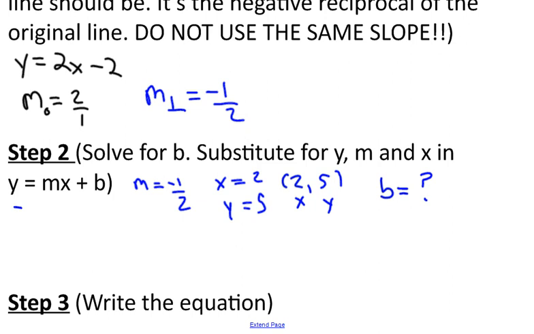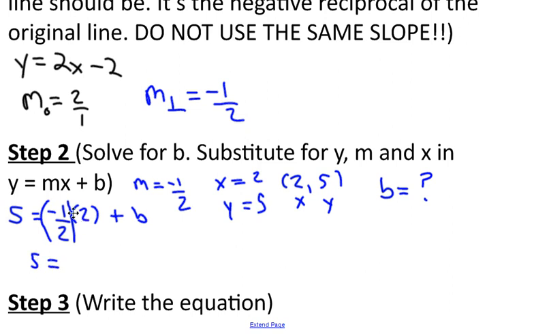So we get 5 equals -1/2 times x, which is 2, plus b. Put your fraction in parentheses. So you get 5 equals (-1/2)(2).